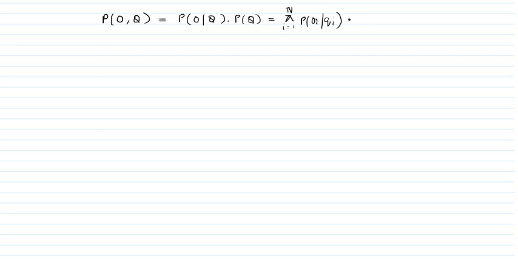So what is the probability of states? Pi, I equal to 1 to N, QI given QI minus 1, right?